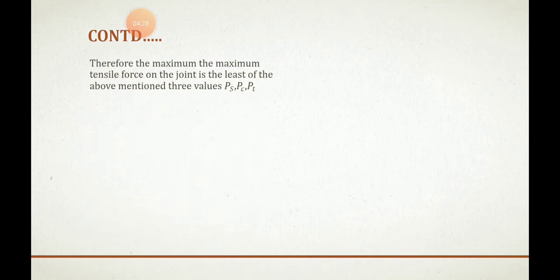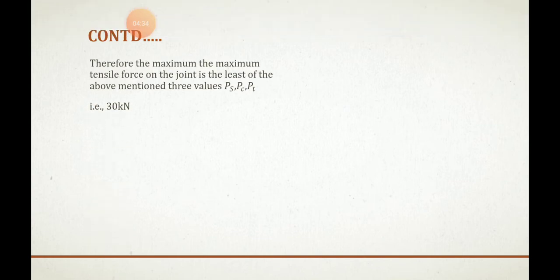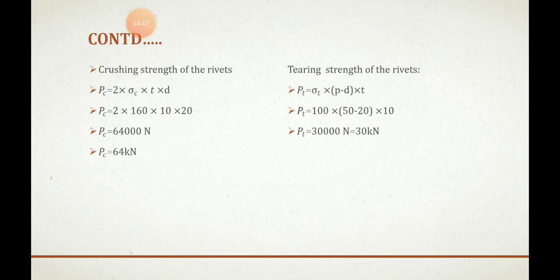Next, what you have to calculate? We have to calculate the efficiency. To calculate the efficiency, we have to take the minimum out of Ps, Pc and Pt. So just check which is the minimum.